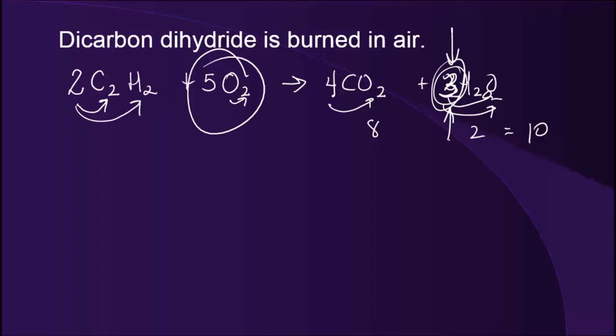And even if this is odd, what does 3 times 2 make the oxygen number into? 6, which is okay. It has to be even. Both of those numbers have to be even. Okay, so one last question for you. How in the world is this a combustion reaction?